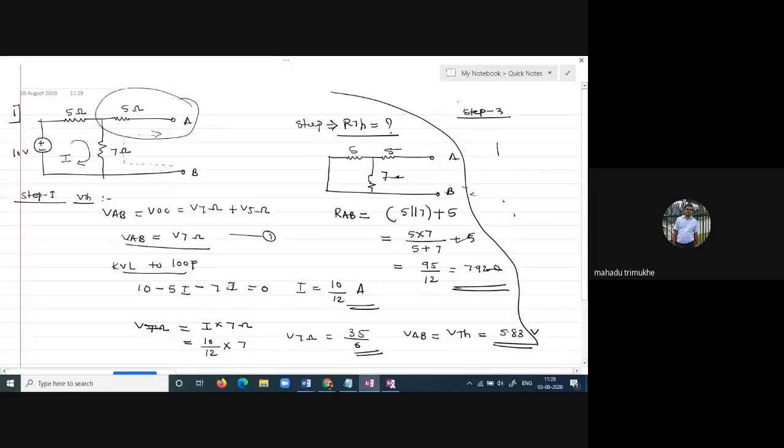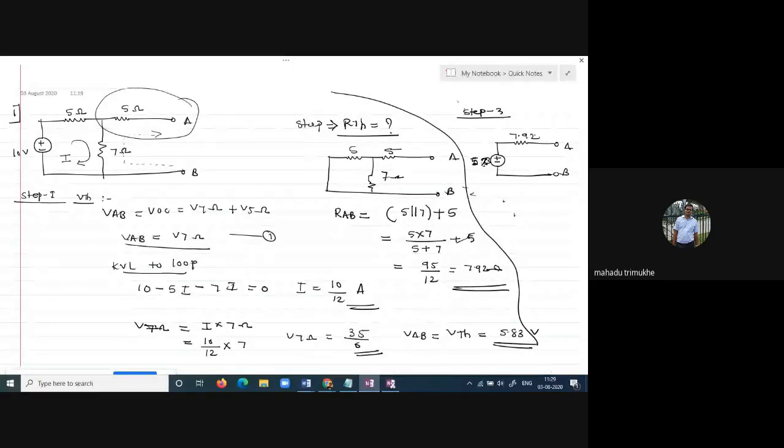This is your VTH and this is your RTH, between points A and B. We have already calculated VTH, which is 5.83, and RTH is 7.92.